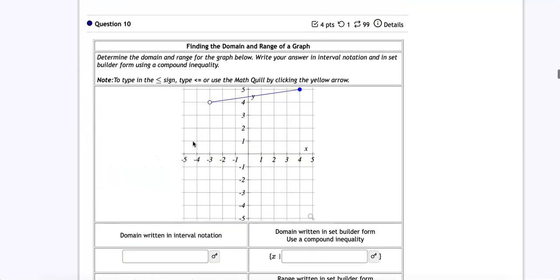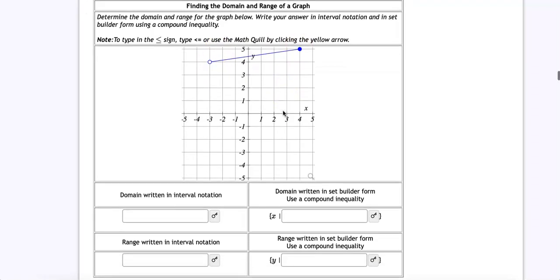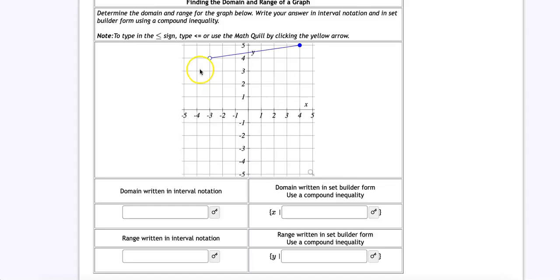Here now for number 10, we are given a graph, and we are to write the domain and the range, written in both interval notation and set builder notation. So first of all, for the domain, we can see that we're going from -3 to +4 as your possible x values, but we don't want to include -3 because of the open circle.